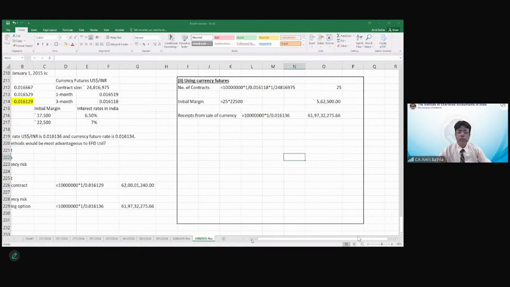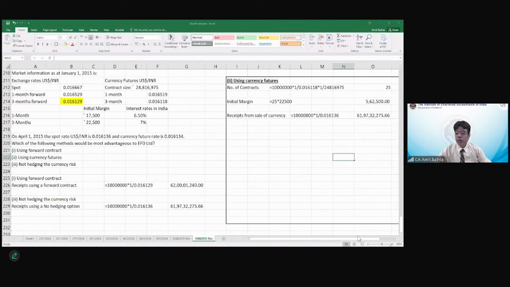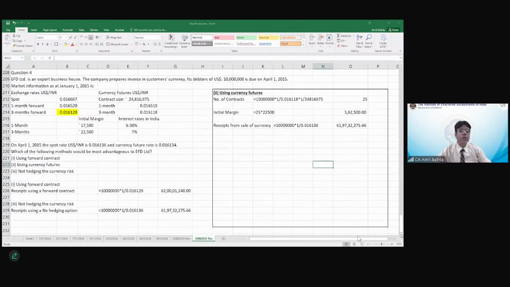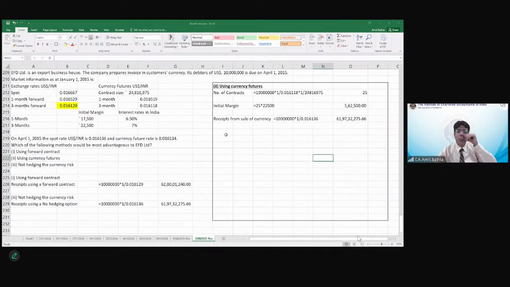So can we take this as a thumb rule? Generally, the no hedging rate and future rates, I mean the realization proceeds, will be the same. You will have to adjust the variation, right? Now, not variation. Before that, just this figure, 10 million divided by the rate. To that extent, not other differences.